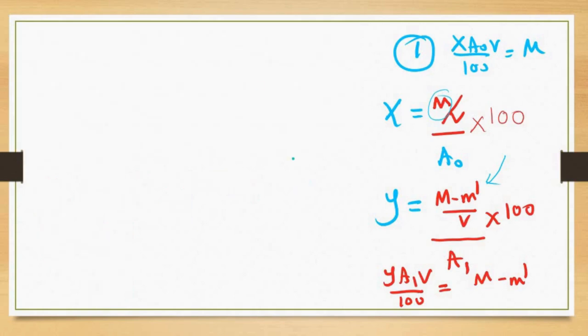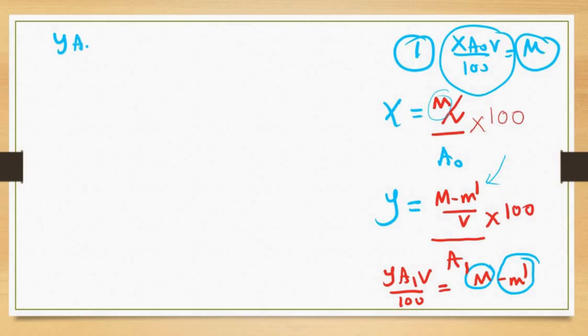Right, now we need to find m dash. Actually m we have found, let's substitute this m from this value. So I can write y a1 v divided by 100 equals x a naught v divided by 100 minus m dash.